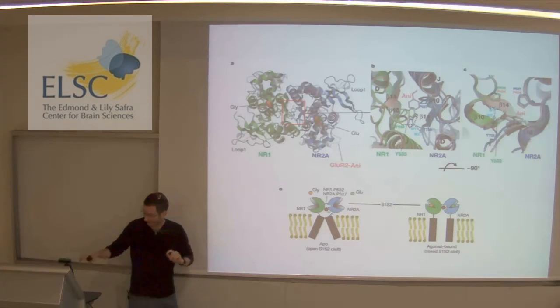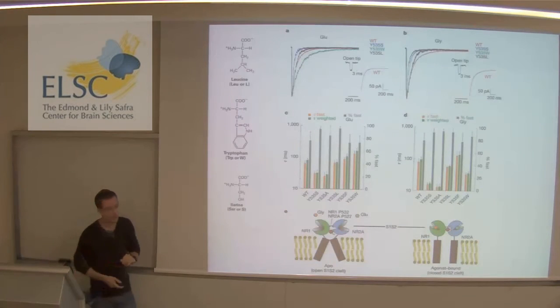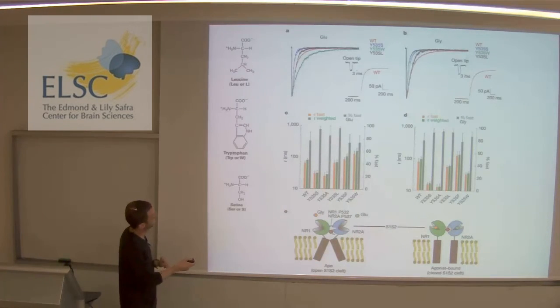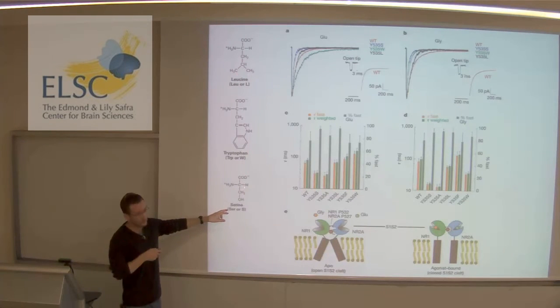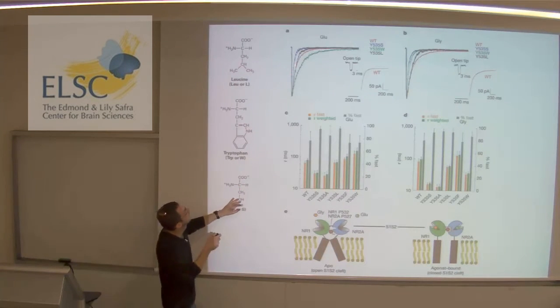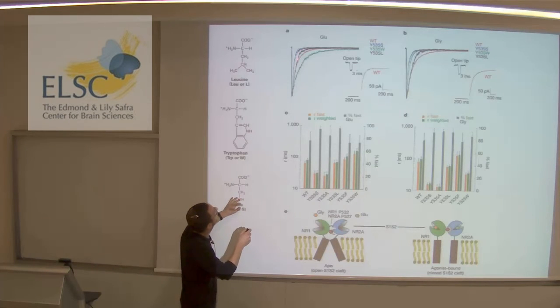And the answer is yes, because when we mutate this tyrosine, here in the schematic model, to an amino acid with no aromatic ring, you see faster deactivation. These two mutations I've just mentioned are the blue and black, and the wild type is red.